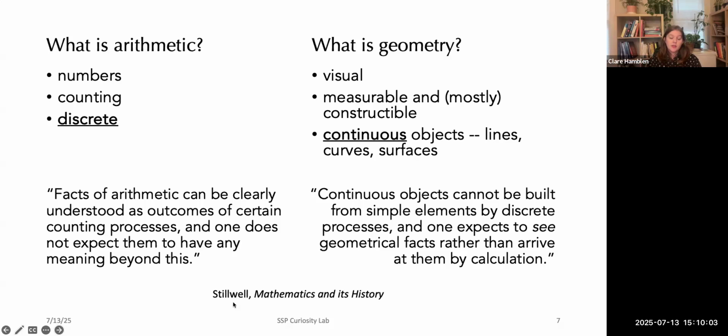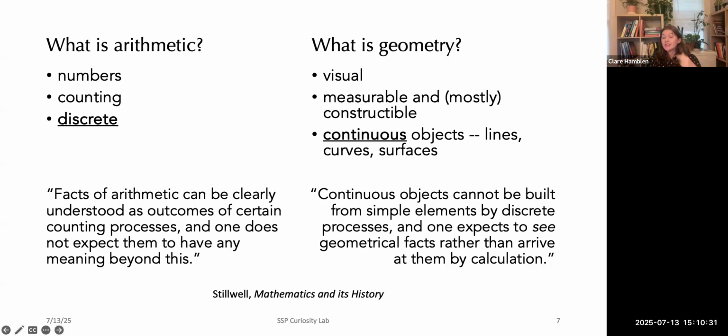And here I have a nice quote. This is a phenomenal volume of the history of math that I sourced a lot throughout this talk. On the one hand, facts of arithmetic are clearly outcomes of counting processes. And actually, you would not a priori expect them to have any deeper meaning. On the other hand, when it comes to the continuous objects that we deal with in geometry, continuous objects cannot be built by discrete processes, at least not in a simple way.